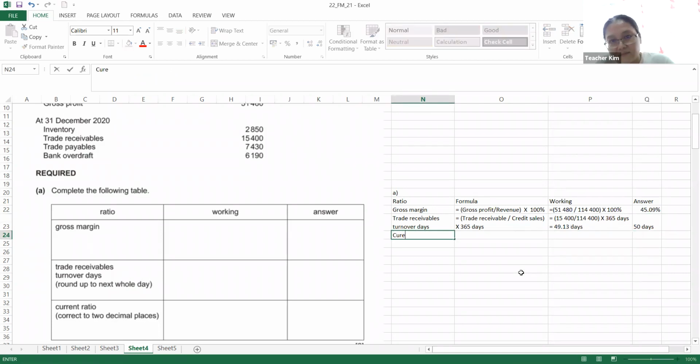Okay, current ratio. Current ratio is current asset to current liability.